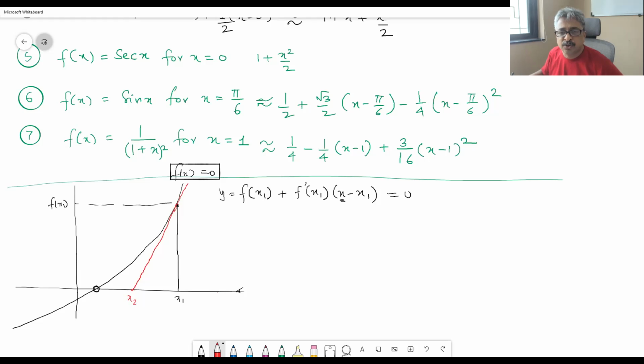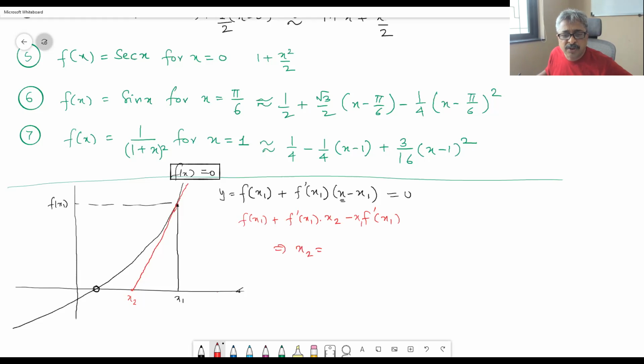We will call it x2. So what is our x2? f of x1 plus f dash of x1 times x2 minus f dash of x1 times x1.